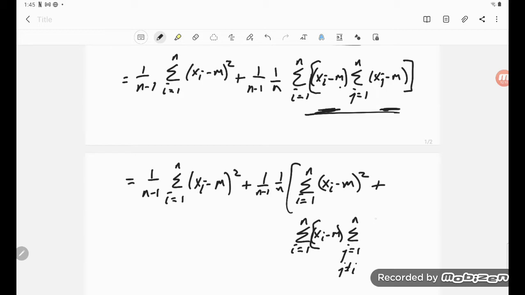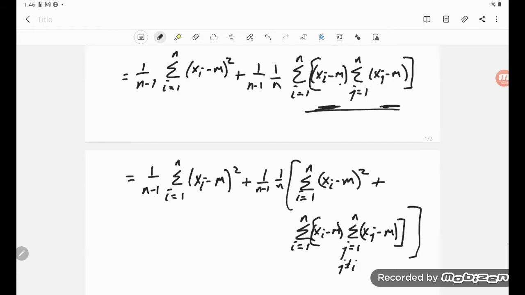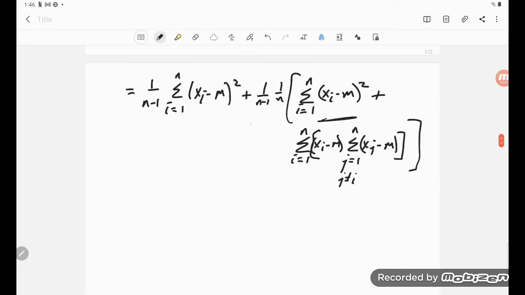So it will skip that one, and we'll have our xj minus m and all of that. And again, another parenthesis. Okay, so we can get this part out of here.